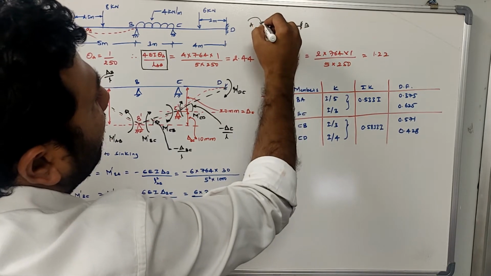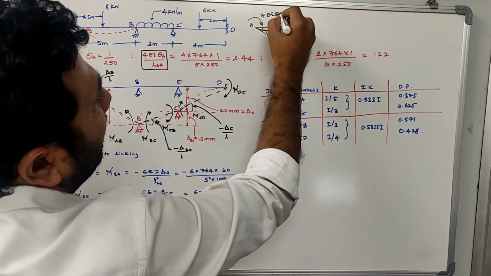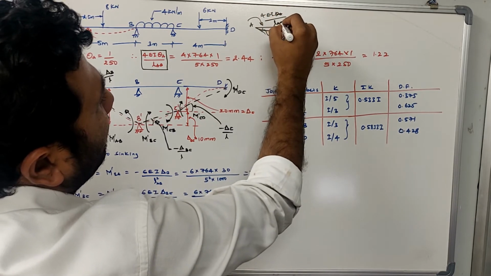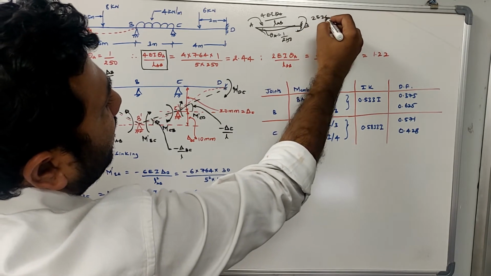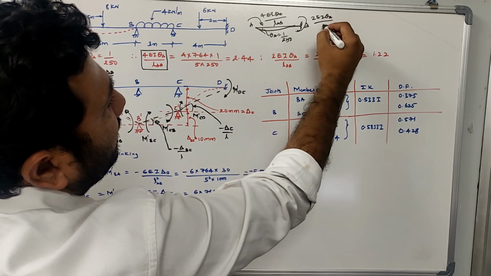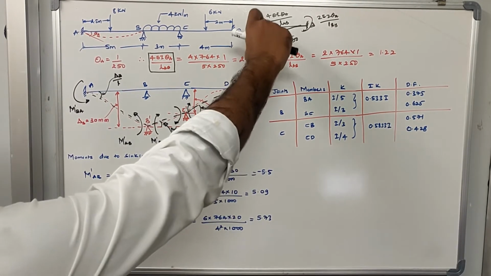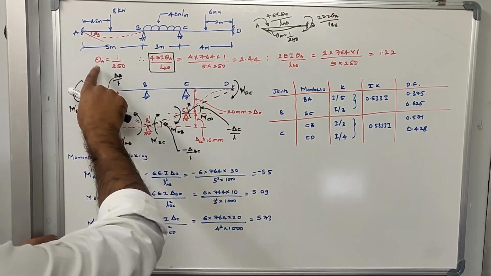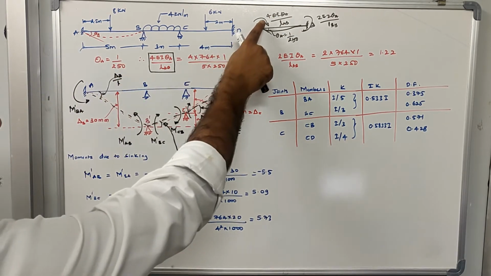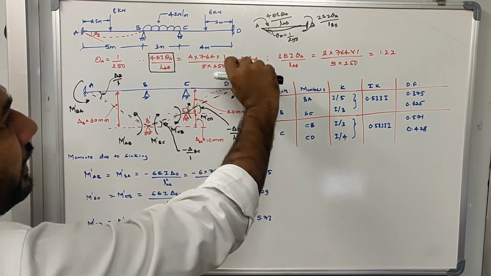The moment required to create this will be equal to 4 EI theta A divided by LAB, right? We can calculate how much moment should be applied because of theta A here, which is 4 EI theta A divided by LAB.